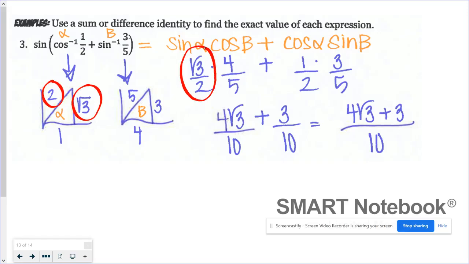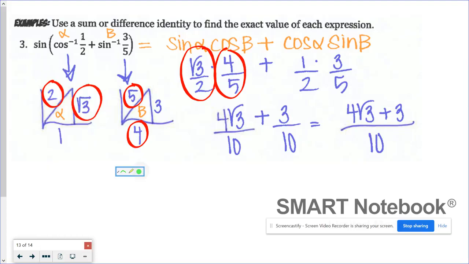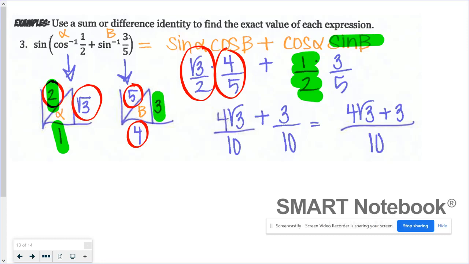And then cosine of beta. So now I'm using the second reference triangle, and cosine is the adjacent over the hypotenuse. The formula has plus cosine alpha, so I'm back to that first reference triangle. Cosine is the adjacent over the hypotenuse. And then sine of beta, second reference triangle, sine is opposite over hypotenuse.